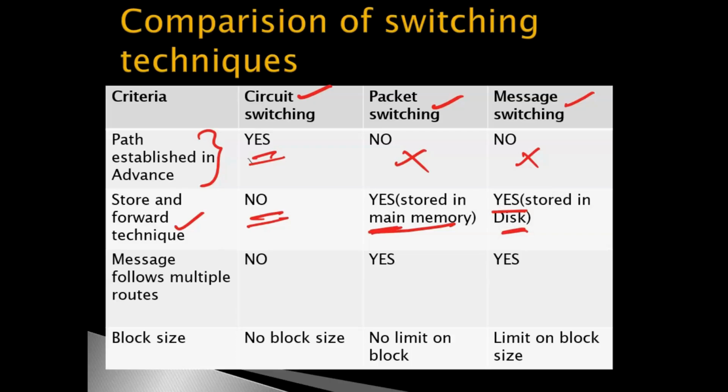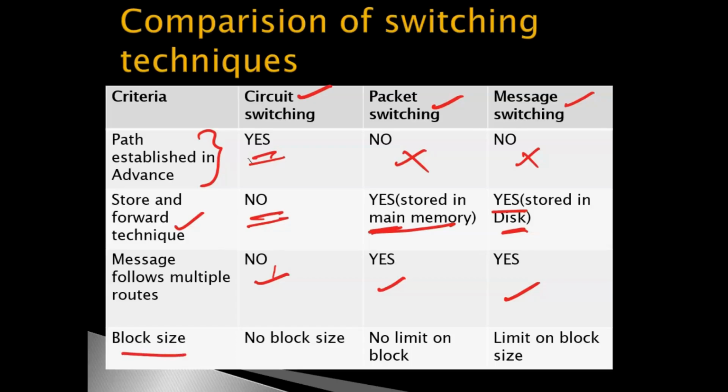The next is whether the message follows multiple routes. In circuit switching, we create a dedicated path, so multiple routes are not required here. But in packet switching, the packets move over multiple routes, and in message switching, we move through different nodes to check whether it is a destination node or not. So that's why we are moving on multiple routes.